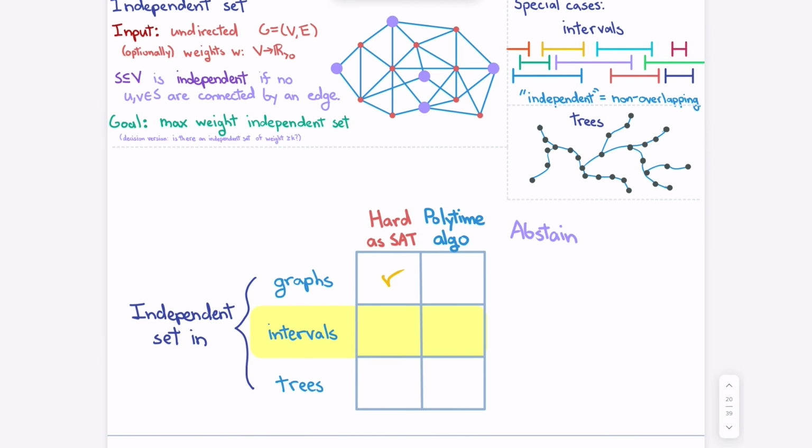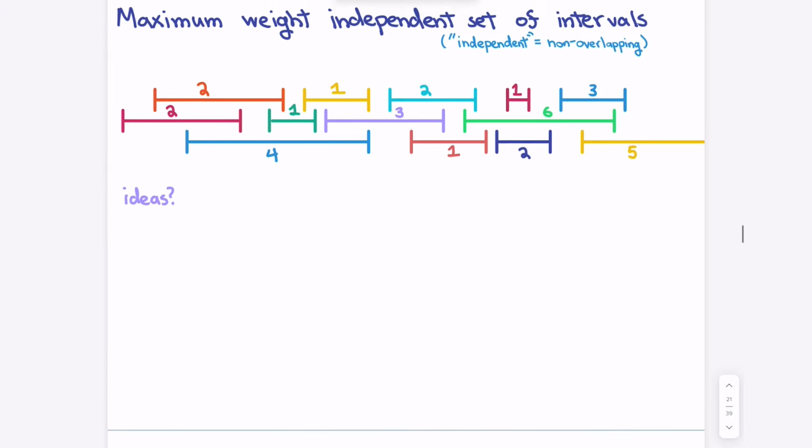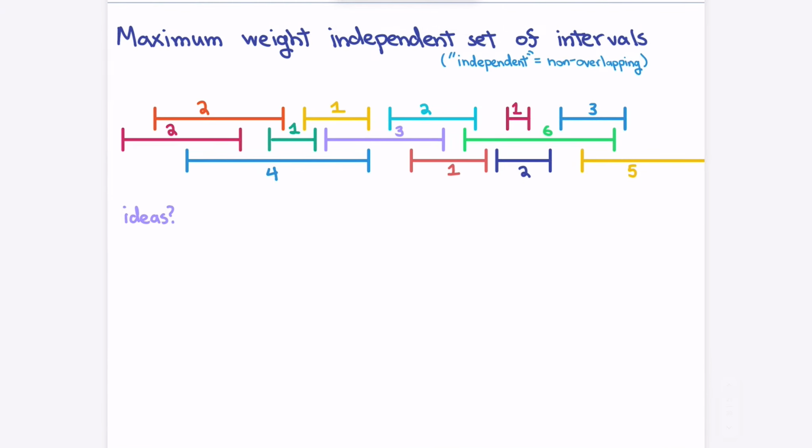Okay. So that turned out to be hard. Let's move on to intervals, which I believe most people thought was going to be easy. Okay. So if you thought it was going to be easy, and I guess I'll do weighted just for fun, because last time we didn't do weighted. What are some ideas for an algorithm?